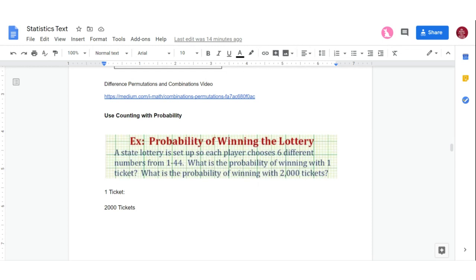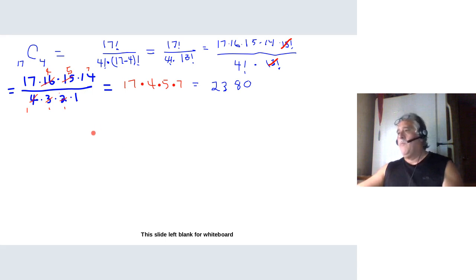All right. So just like what I showed you on that one that you had on the PowerPoint, we want to find out how many different ways there are to pick 6 from 44. Well, since this is a combination, because most people know this, you don't have to worry about the order that those numbers come out of that popcorn machine on Saturday night.